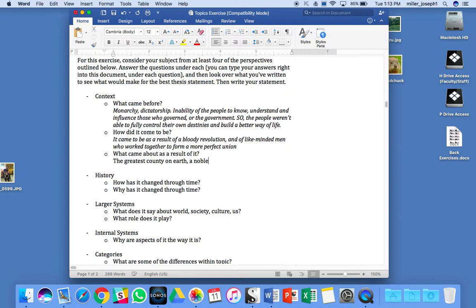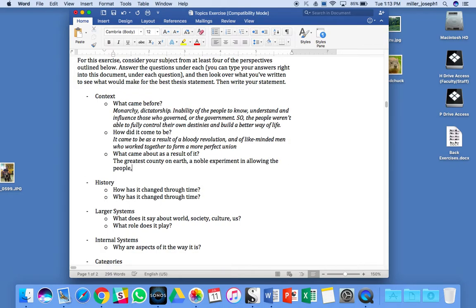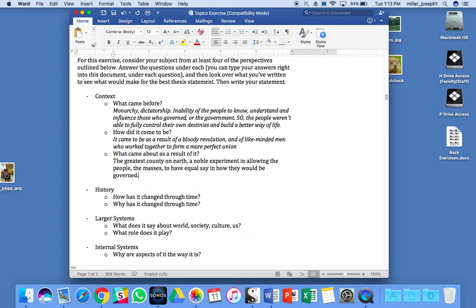A noble experiment in allowing people, the masses, to have equal say in how they would be governed. Great. Well, I want to add to that too.